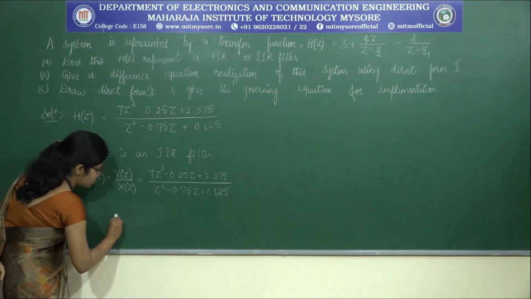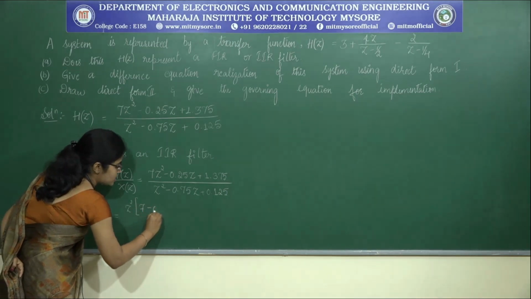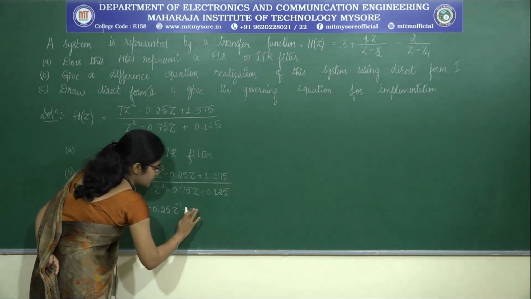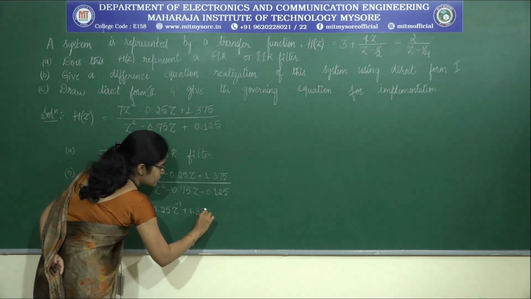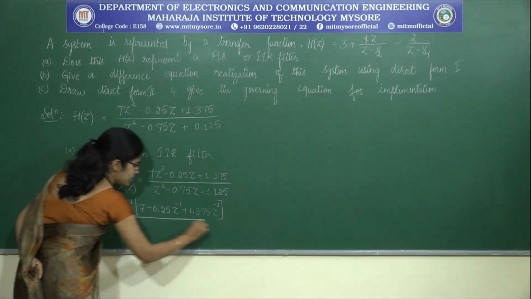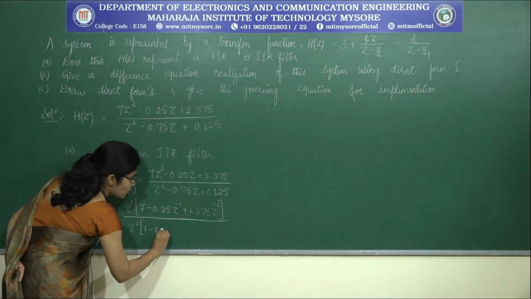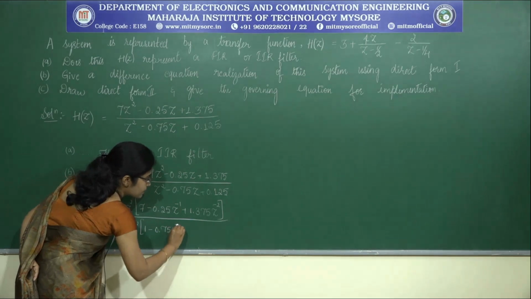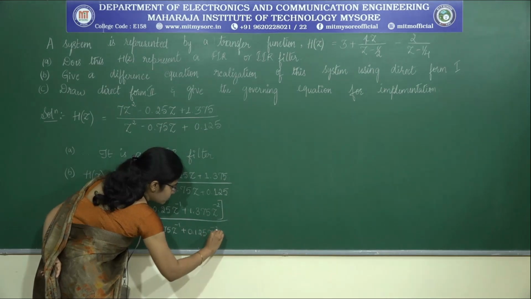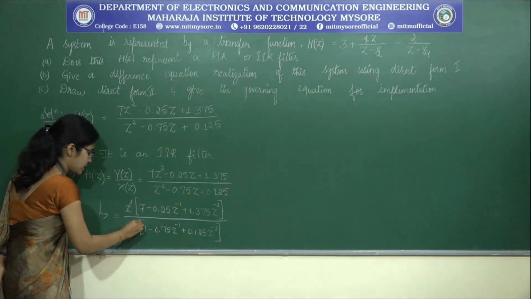If we do so, the equation will be z^2 into (7 - 0.25z^-1 + 1.375z^-2) whole divided by z^2 into (1 - 0.75z^-1 + 0.125z^-2). Now in this expression I can cancel z^2 and z^2.